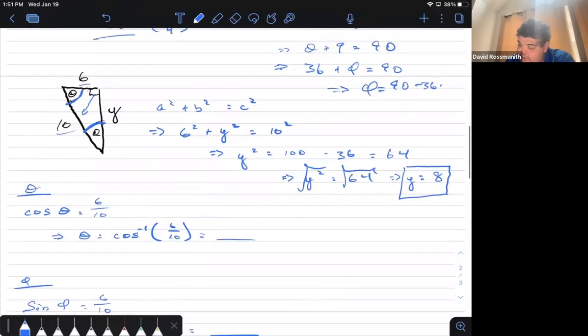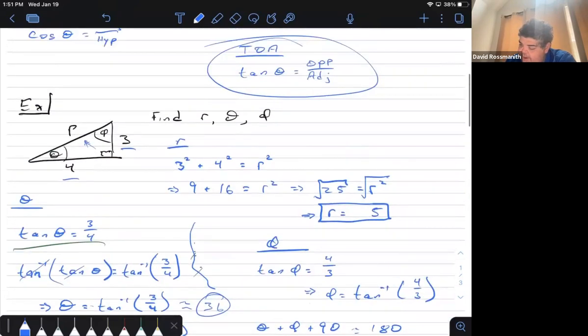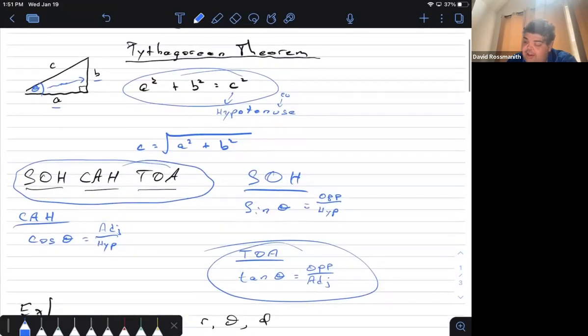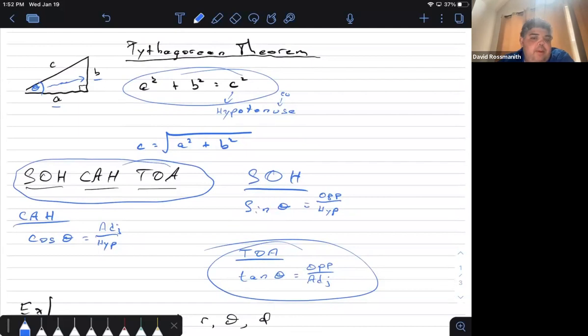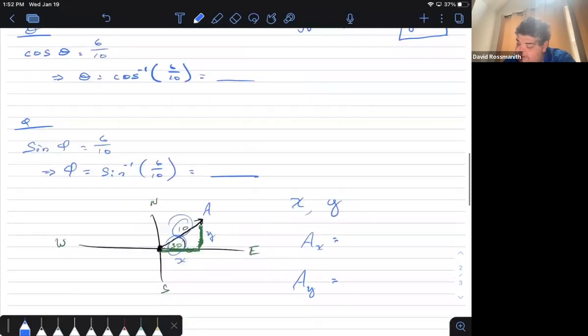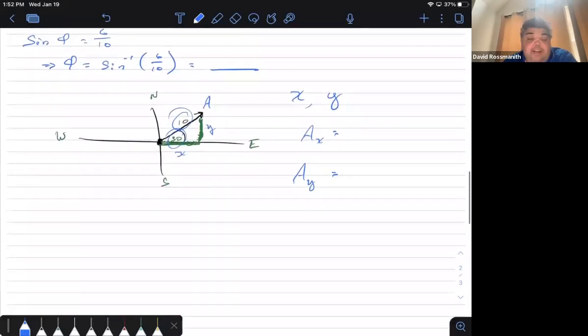How would you do it? We go back to trig and we say, we have SOHCAHTOA. That's one relationship set we can use. And we have the Pythagorean theorem. And it's our job to use those two tools to solve for what it is we're looking for. And it turns out this is important in physics because these are the things we could use in our equations.